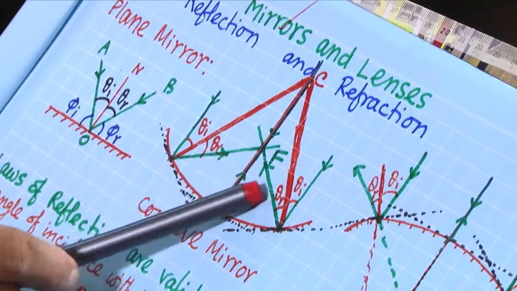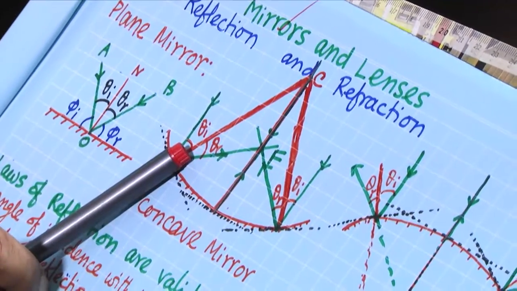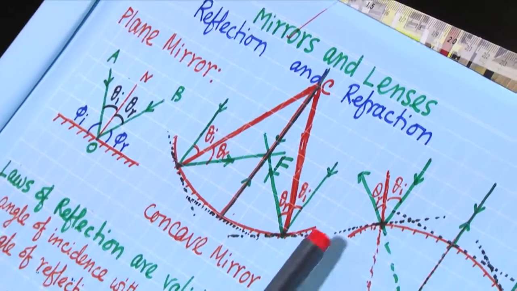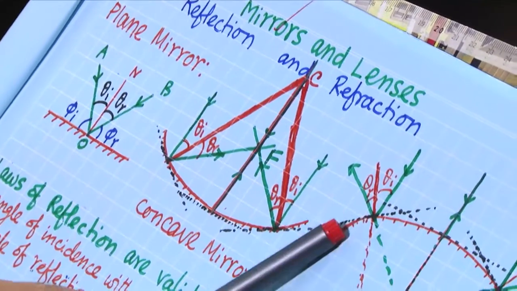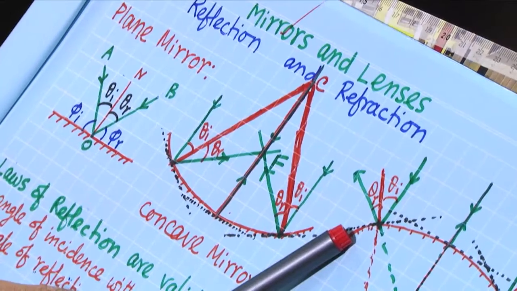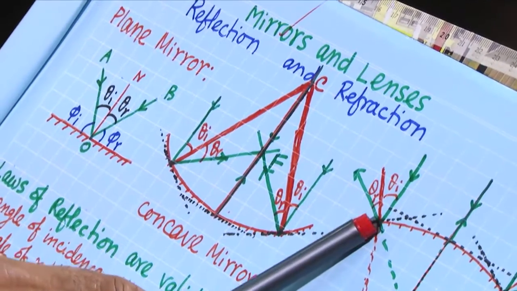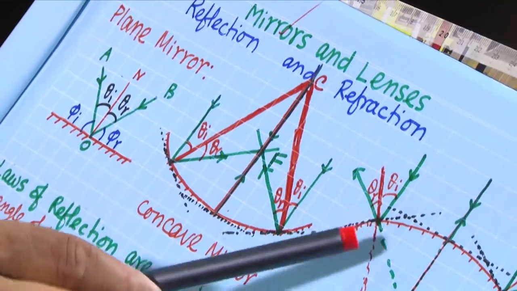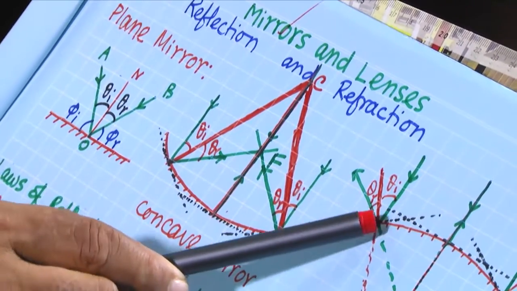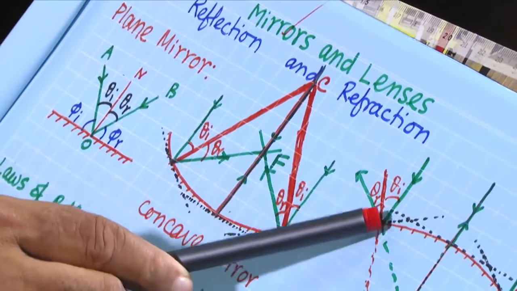Okay, so now similarly this convex mirror also. If you see that this is the incident ray at this point, okay, now it is reflected from this point.